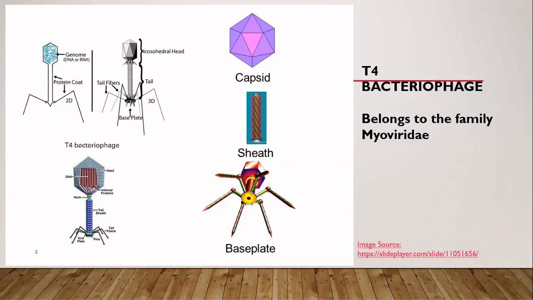The tail is long and helical. It has a hollow interior, so it's hollow in the center. Here it's hollow, and it is surrounded by this contractile sheath, which is called the tail sheath.